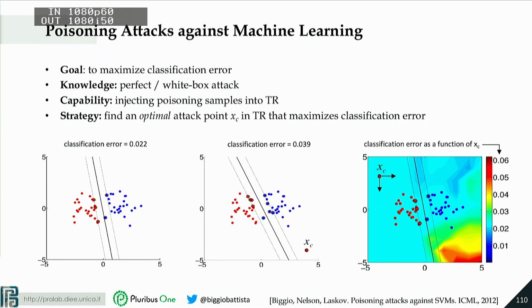The classification error is not changing because the classifier is not changing when you add XC in this region of the space, in the left part of the plot. Whereas when you start adding the point here, you see that the maximum is more or less here in the lower right corner. And in fact, this is where you get more or less 5 to 6% error on the test set. Okay, so that's just the function that we want to optimize.